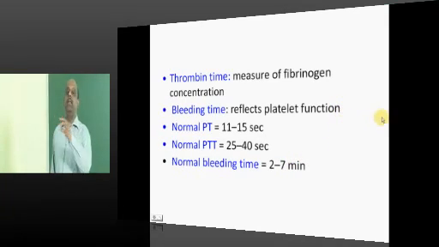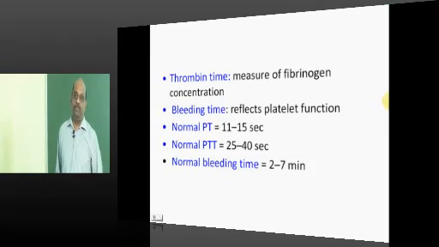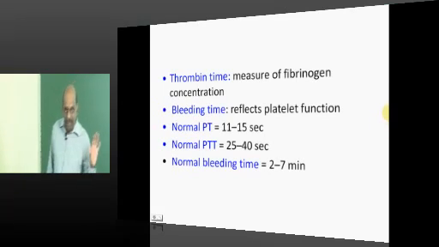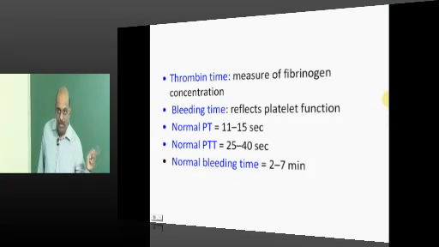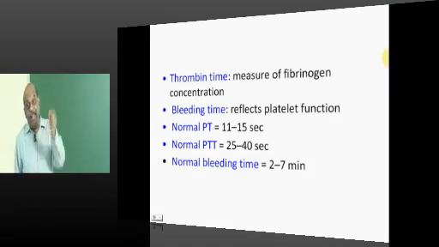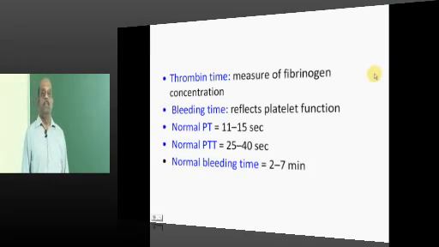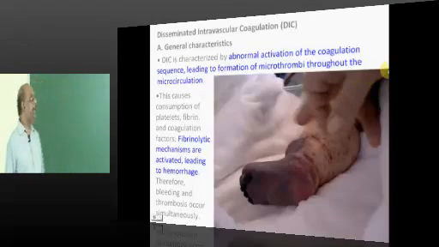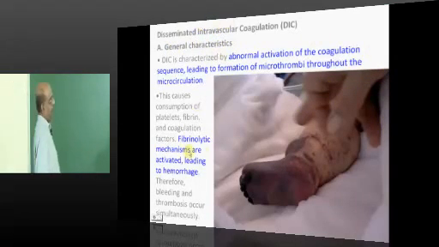Because among 2, 7, 9, 10, factor 7 has the shortest half-life. वो जल्दी मर जाएगा अगर विटामिन K नहीं है तो. First to fall. And since 7 decides PT, in early vitamin K deficiency and early liver disease, PT is what is affected. In late liver disease and late vitamin K deficiency, both PT and APTT are affected, which needs to be remembered.